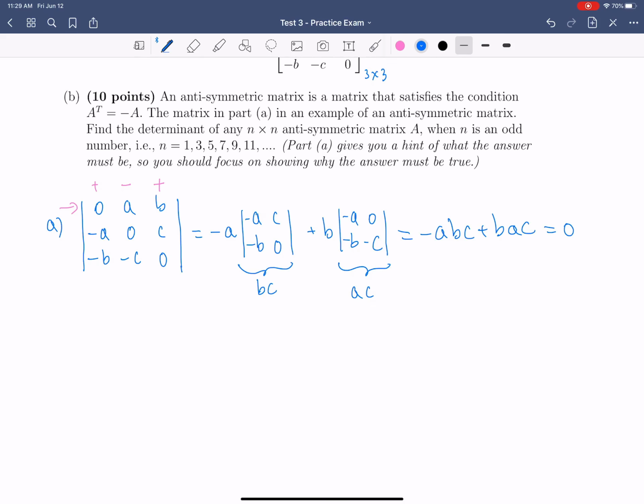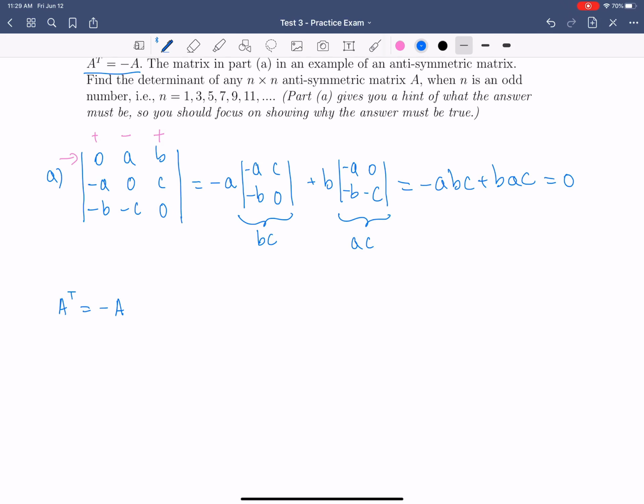I am going to look at this condition. I think I've missed this condition. So I have A transpose equals negative A, right? So, of course, this is it. If A transpose equals negative A, then the determinant of A transpose better be the determinant of negative A, okay?